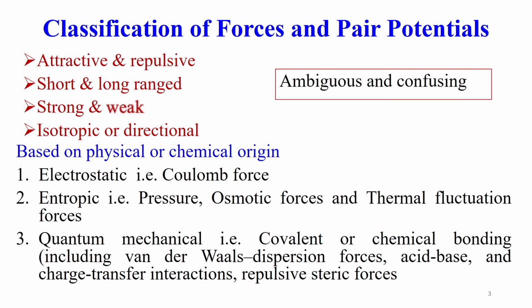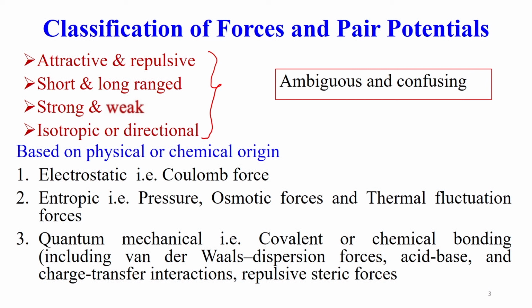So, to start with, the classification of forces and pair potential. The very first thing that comes up is the classification based on opposite trends. You can have different classifications like attractive and repulsive forces, short range and long range forces, strong and weak intermolecular interactions or forces, isotropic or directional forces.